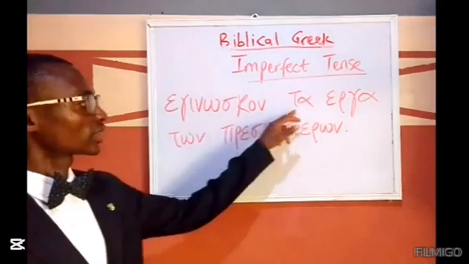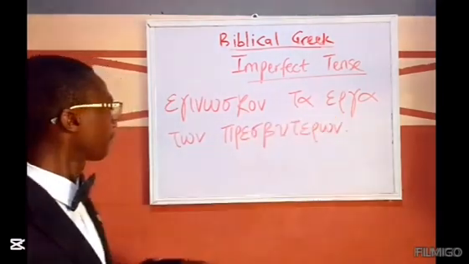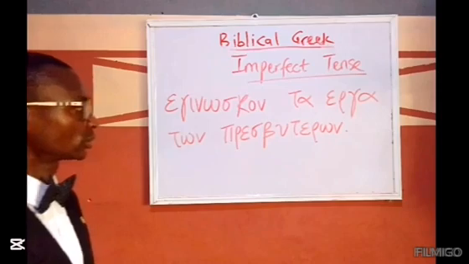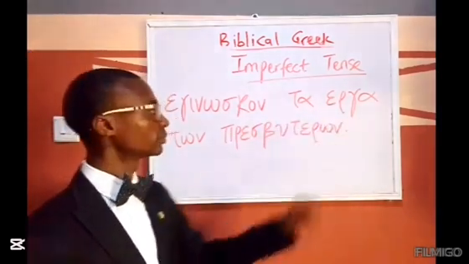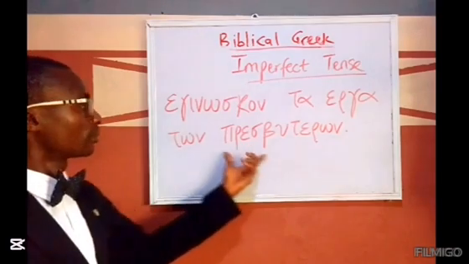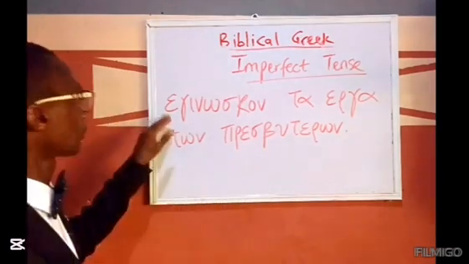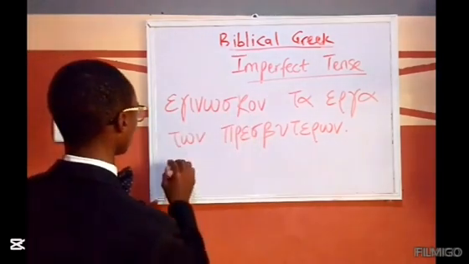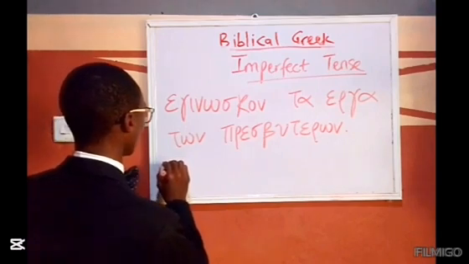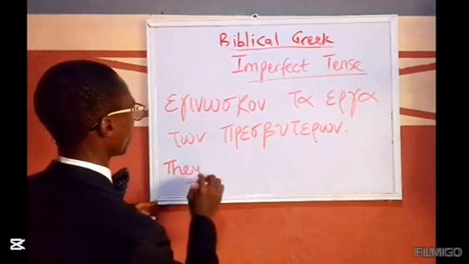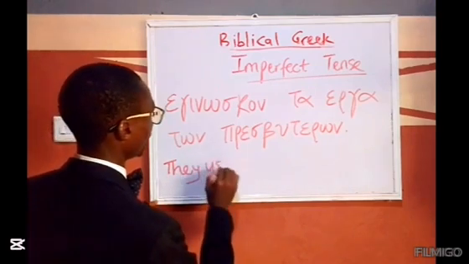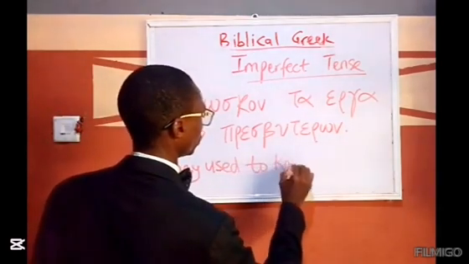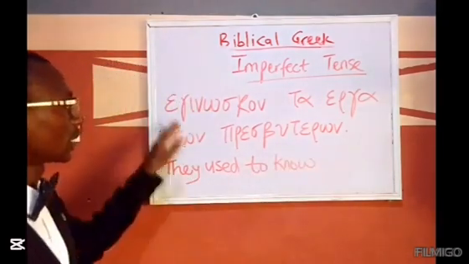Egnoskon ta erga ton presbyteron. This is ta erga, and this is ton presbyteron. Now, what's the meaning? Egnoskon means they used to know, or they knew. So they used to know.